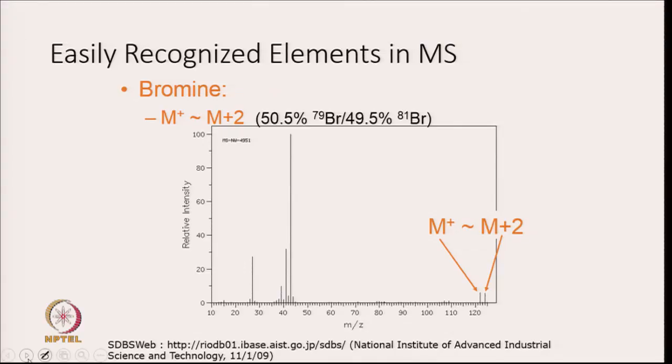This is a very important element in mass spectrometry: if your molecule has bromine, then its M plus and M plus 2 peaks will be of equal intensity. The presence of equal intensity M plus and M plus 2 peaks will suggest that the molecule has a bromine atom.